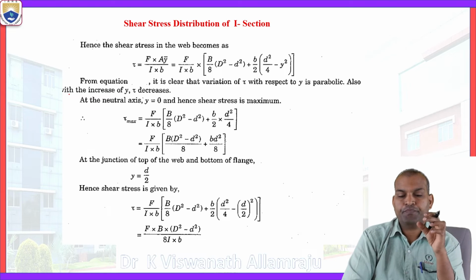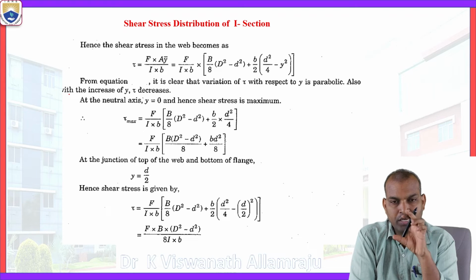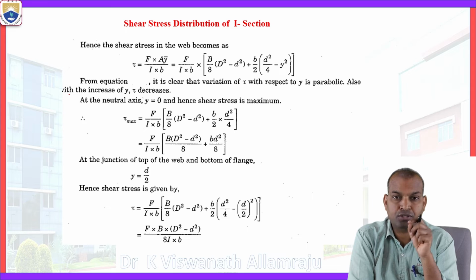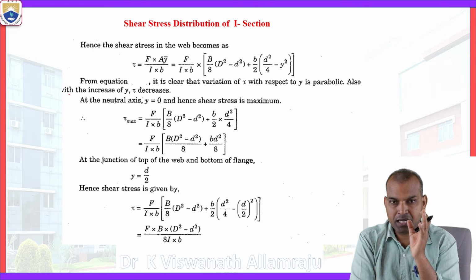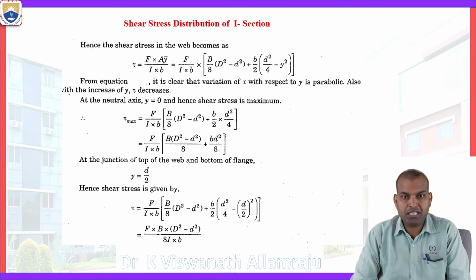Capital B is the overall width of the I section, capital D is the overall depth of the I section, small d is the depth of the web, and small b is the width of the web. All are constants, geometric properties or dimensions of the I section. The variation of the shear stress here is only along with y. It varies along with y.